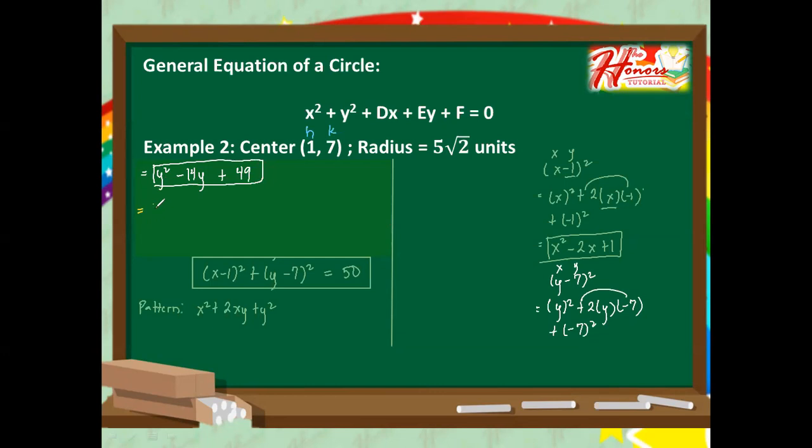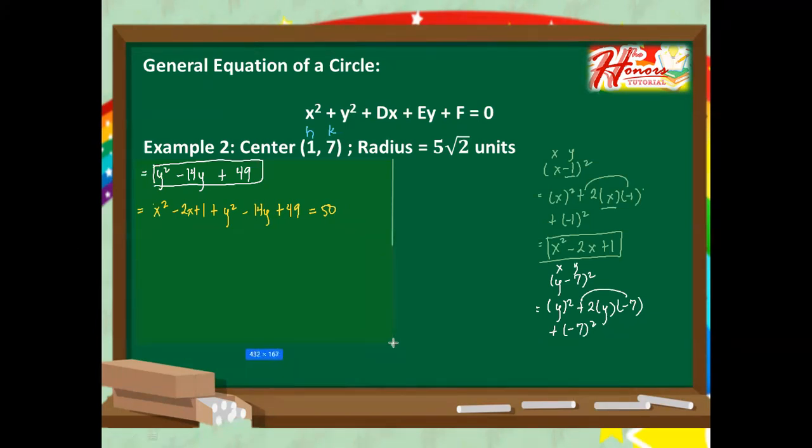So that is x squared minus 2x plus 1 plus y squared minus 14y plus 49 equals 50. Let me just erase some part here below. So let's combine like terms. Like terms are 1, 49, and 50. But we have to transpose first 50.